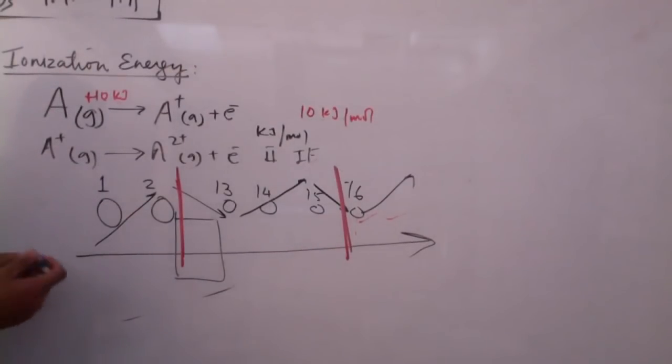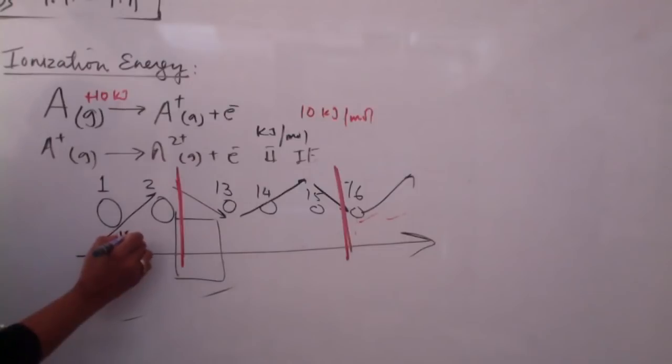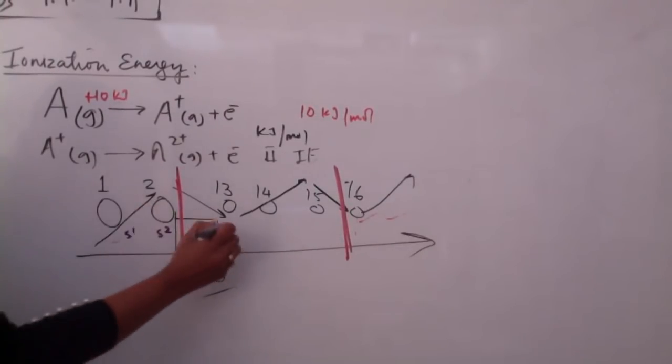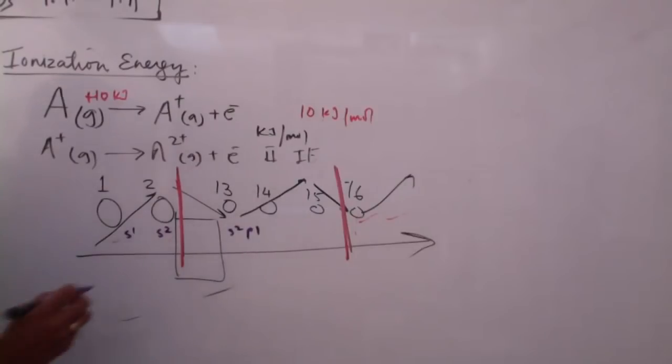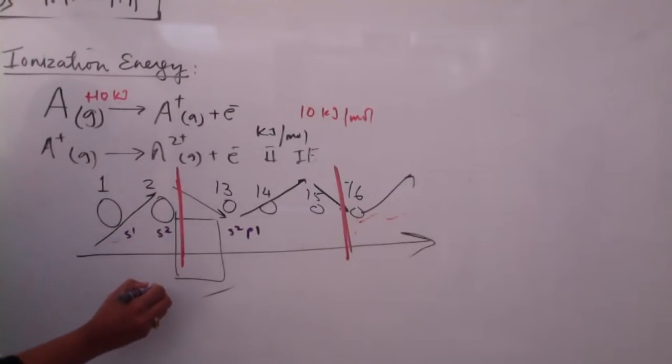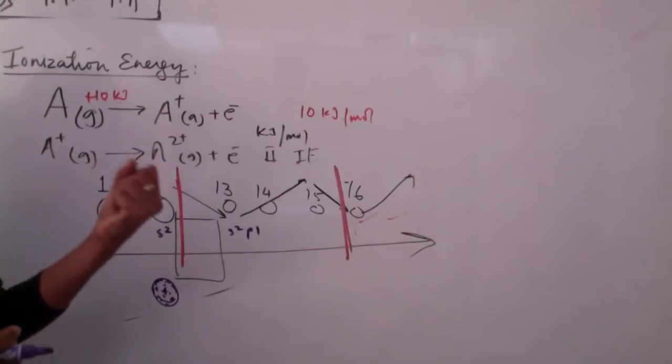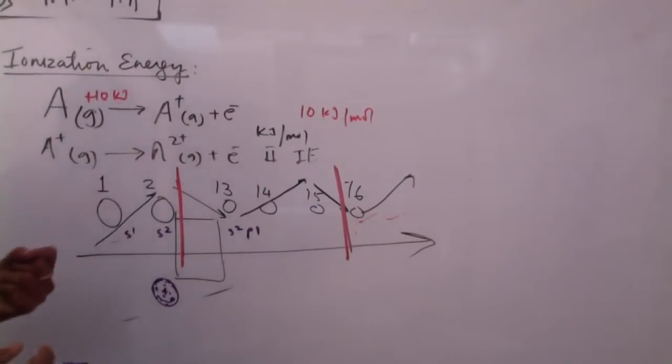So here, when you're adding electrons, this is 1s1 or s1, it could be the second group, s2, and this is s2p1. So here, when you are removing an electron, you're removing an electron that is moving in a spherical shape around the nucleus. So the nuclear protons always have access to this electron and are attracting it.